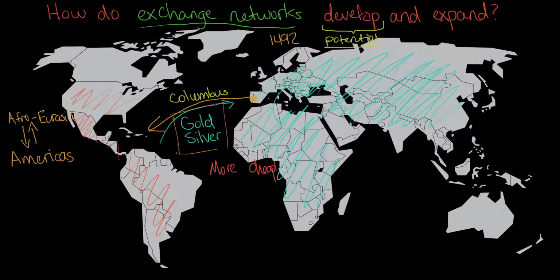And if at first it costs $1,000 to ship back $2,000 worth of silver, you get $1,000 back. But if you can lower the shipping cost, if you can get your same $2,000 of silver for a shipping cost of $100, that's much better. And it means that the silver can be sold more cheaply to make the same profit back in Europe.